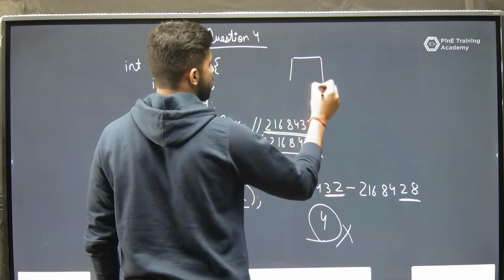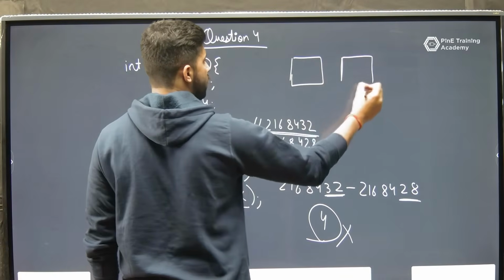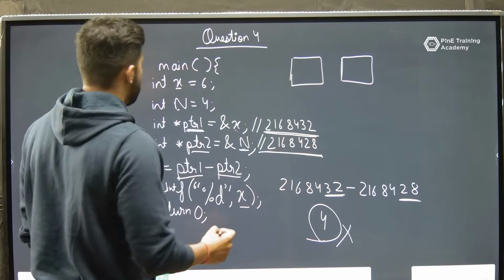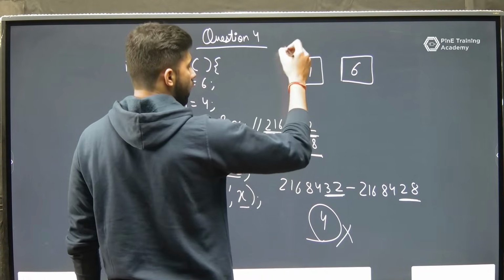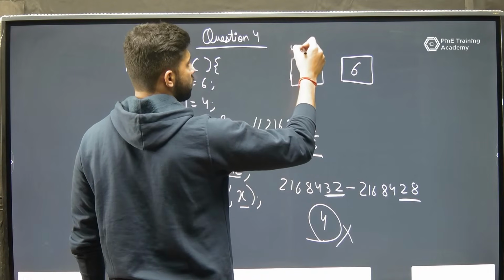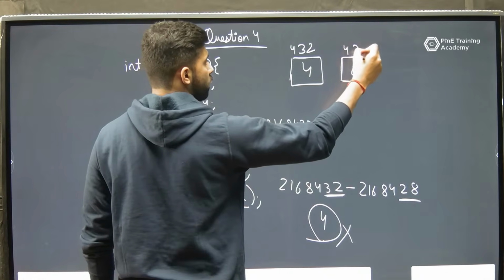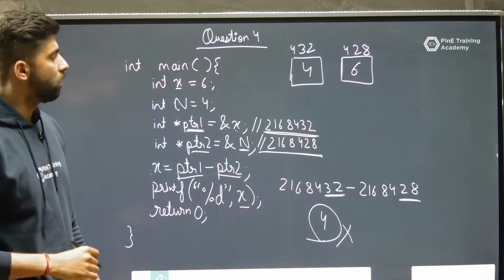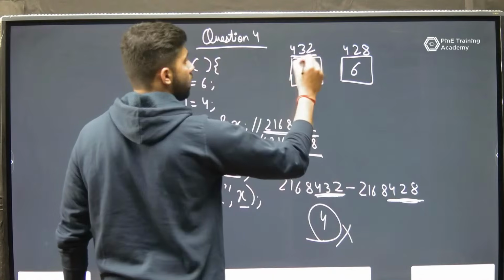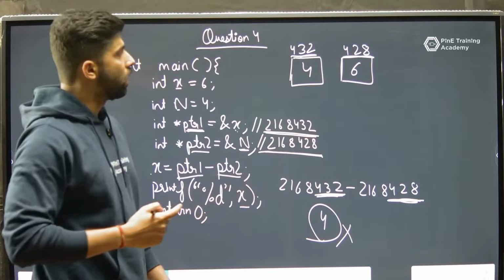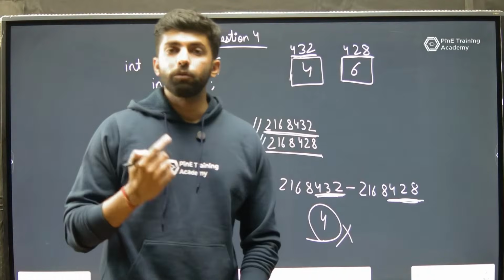So if this is one memory and this is another memory, this is where 4 is stored, this is where 6 is stored, and this has 432 at the end and this has 428 at the end, right? I'm writing only the last 3 digits. If you notice, one integer takes 4 bytes.